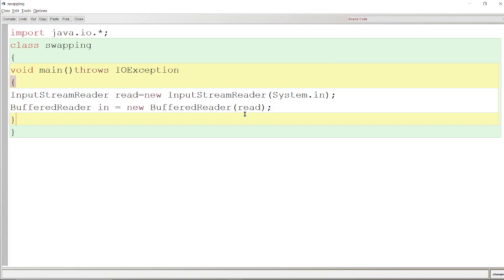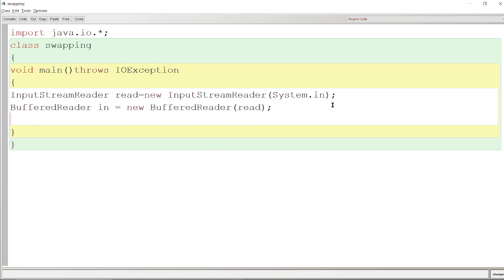You have to pass this object here. This is a constructor, and it takes an object, and this is also an object taken by the InputStreamReader constructor. This is a class name which resides in this package, and this is also a class name which resides in this one. I explained the working of these two well in the previous combined lecture video of Java and C++, so you can watch it there.